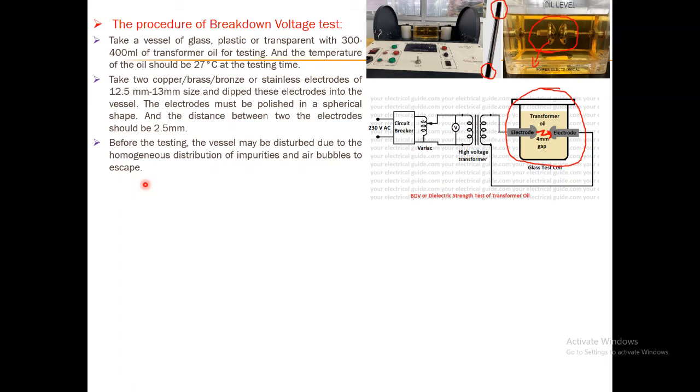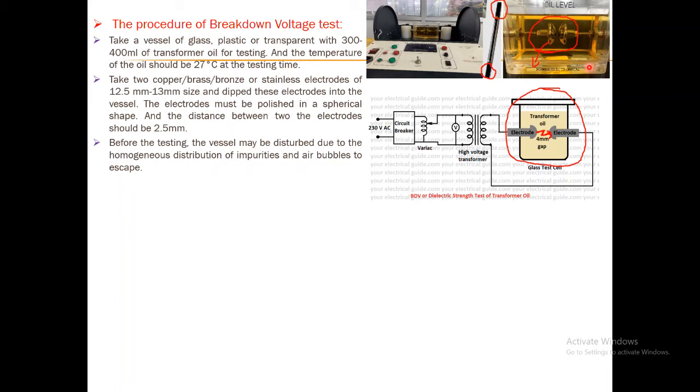The bubbles are very light compared to the liquid, so you have to wait until the bubbles are removed from the sparking region. They travel from bottom to the top, so you have to wait at least 1 minute until the vibrations of the oil die out, the bubbles settle over the top, and the solid impurities settle to the bottom.